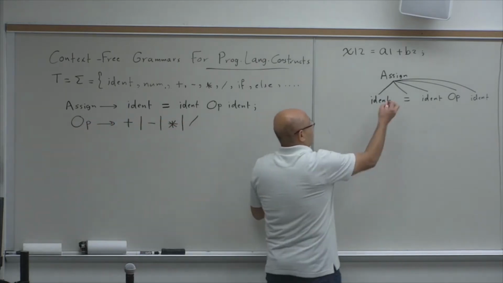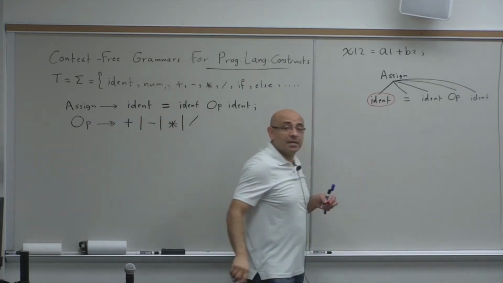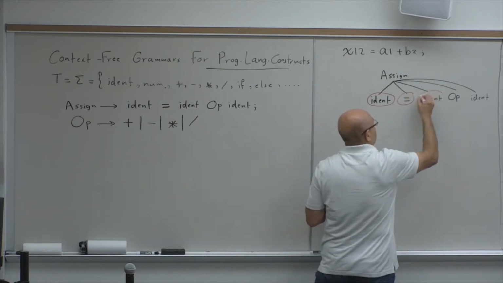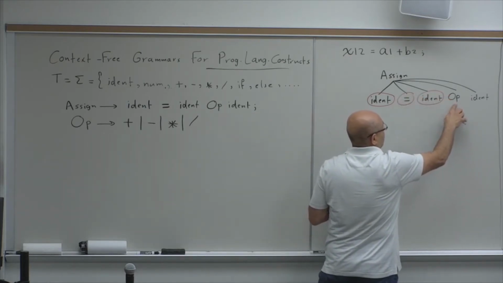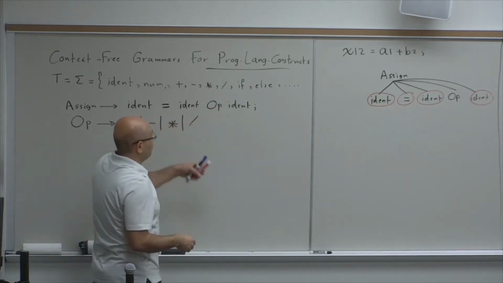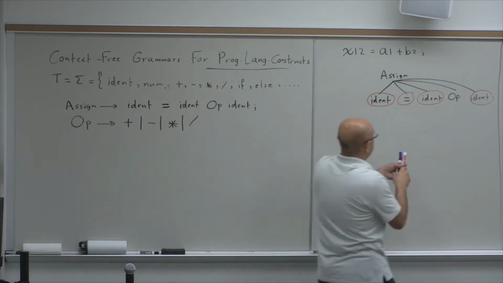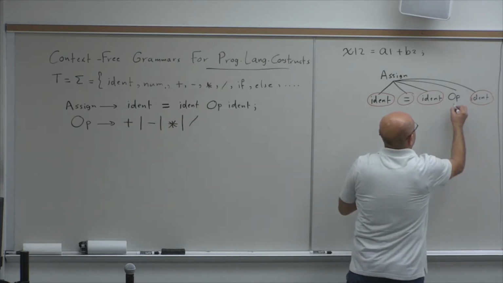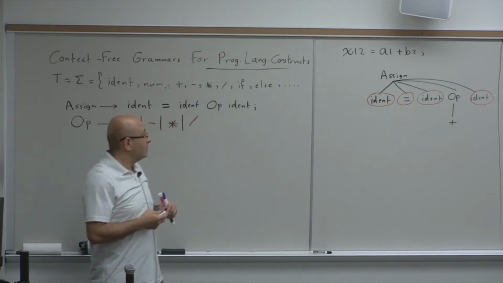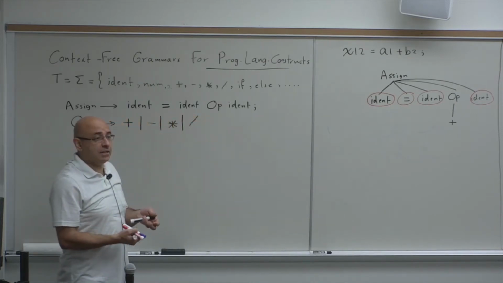So this is a terminal, as we said. This is a terminal that will come from the scanner. This is another terminal. Terminal. Is this a terminal? No, it's not a terminal, but this is defined as one of four terminals, and in this case, the op is the add operator. So this is a derivation.